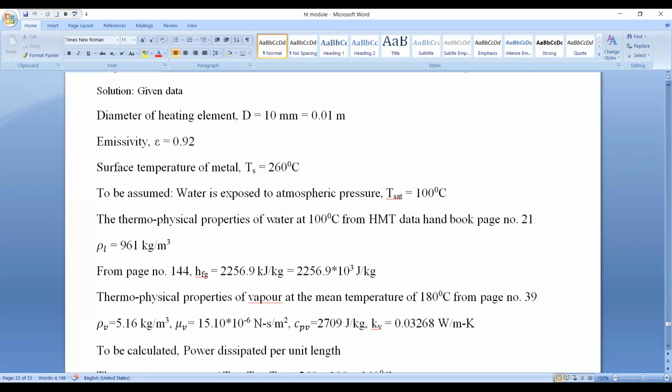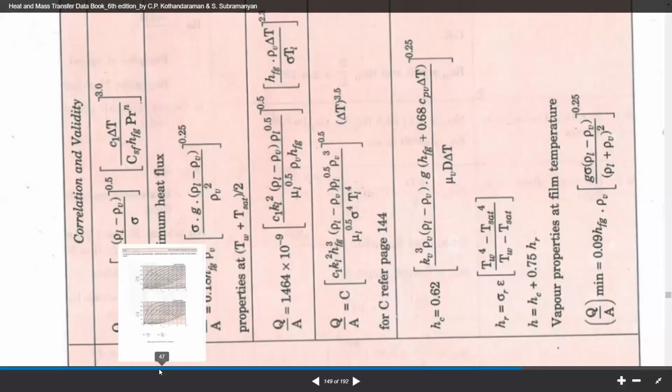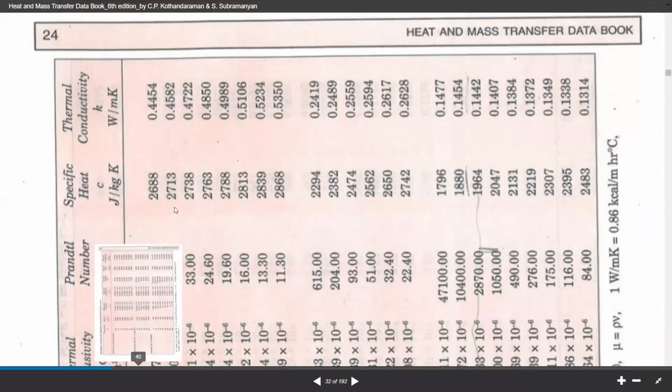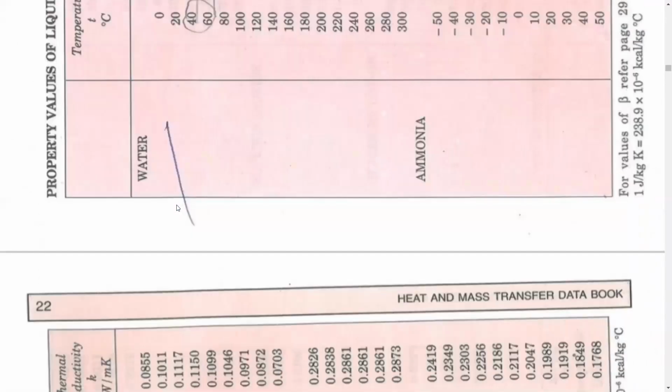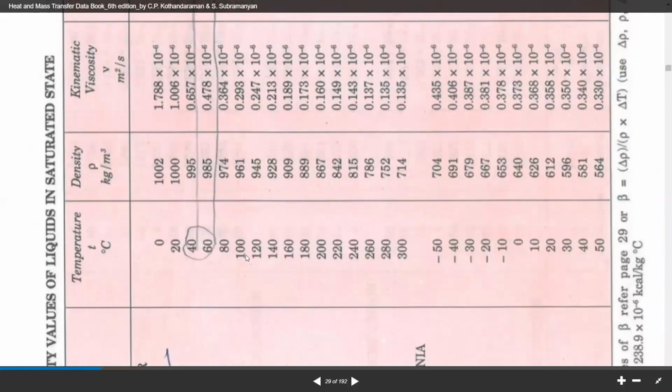The density of liquid, rho_L, at 100 degrees centigrade is 961 kg per meter cube. So this is for liquid.